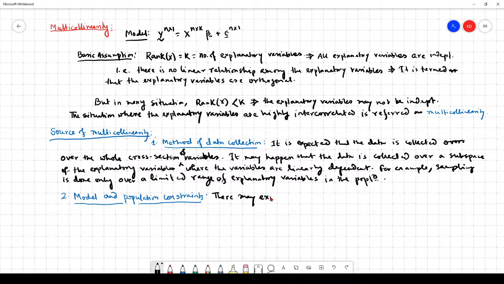There may exist some constraints on the model or on the population from where the sample is drawn.